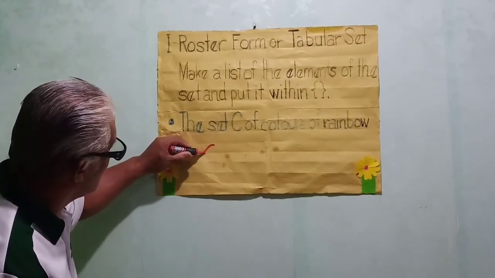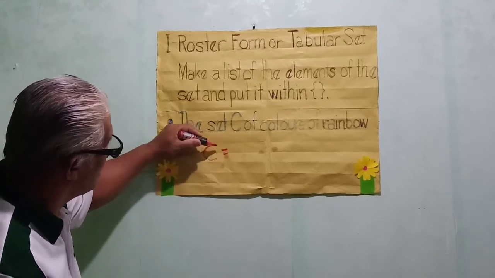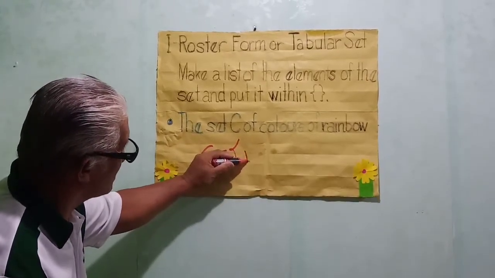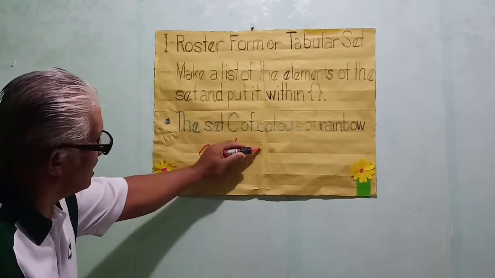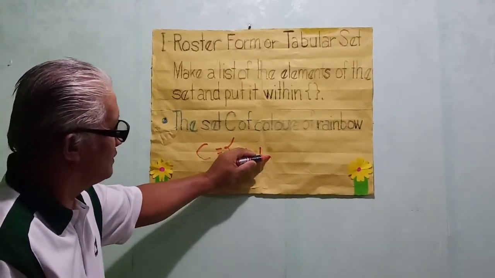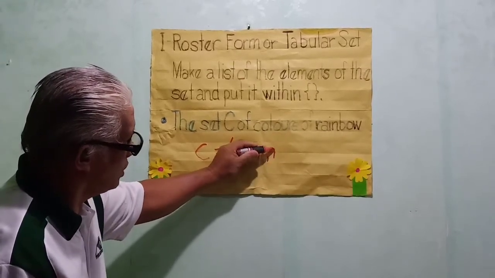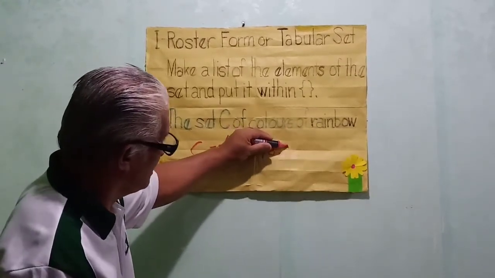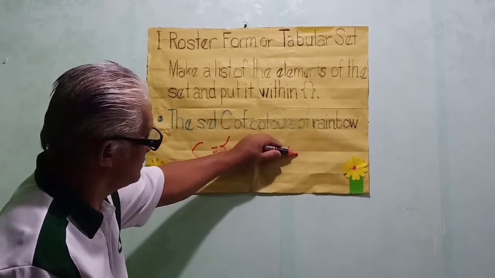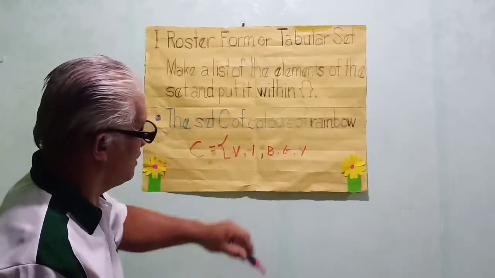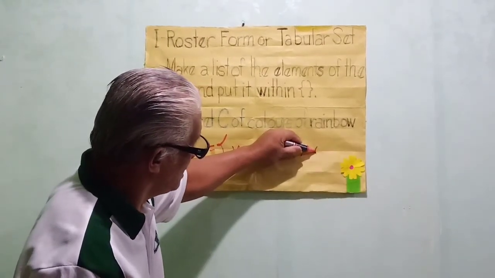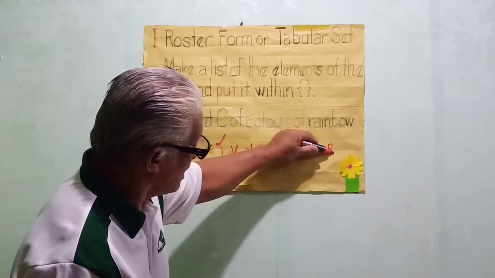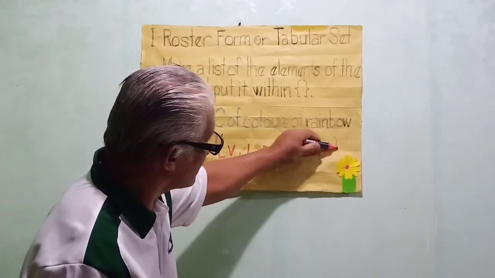C is equal to, curly brackets, violet, indigo, blue, green, yellow, orange, and red, and close curly bracket.